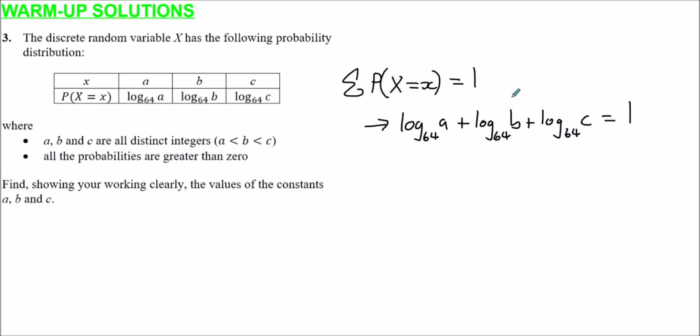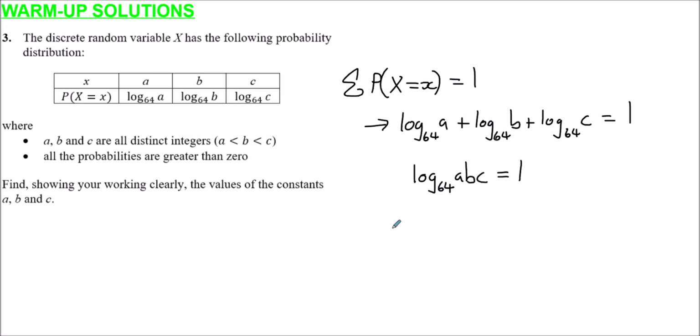We now need to use laws of logs. So log of one thing plus log of the other plus log of the other. Because these logs are all to the same base, we can combine this as a product. So this is the same as log base 64 of A multiplied by B multiplied by C. So log base 64 of ABC equals 1.